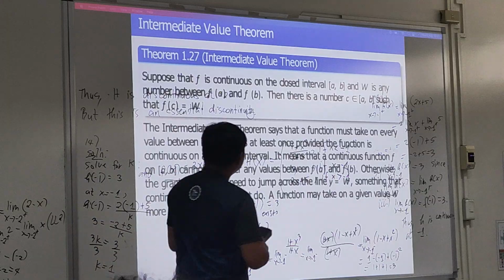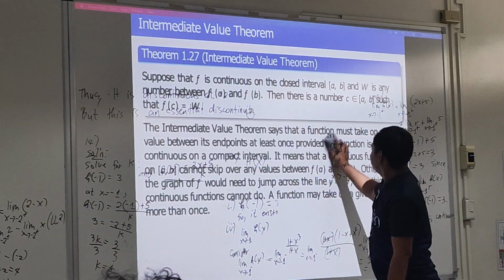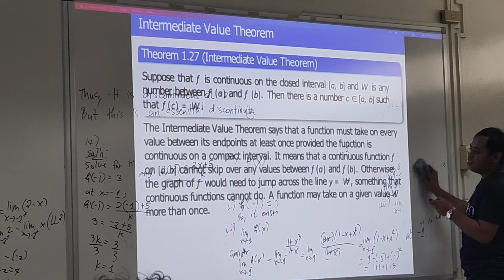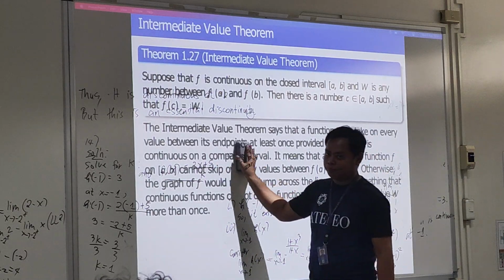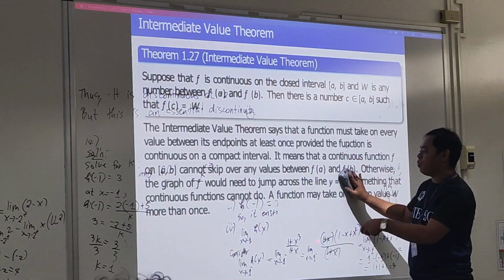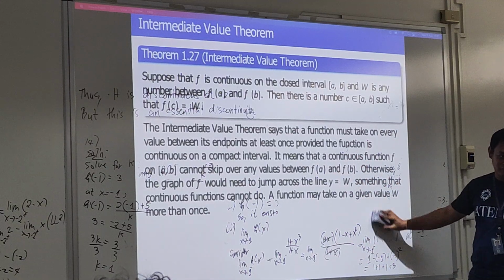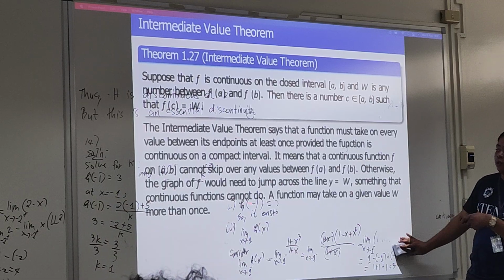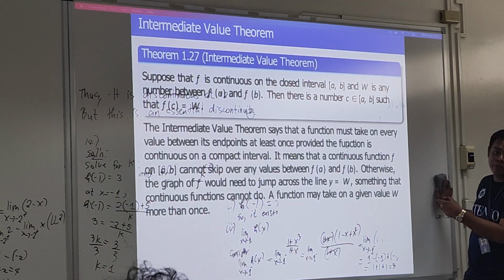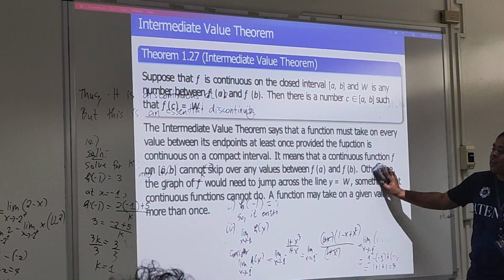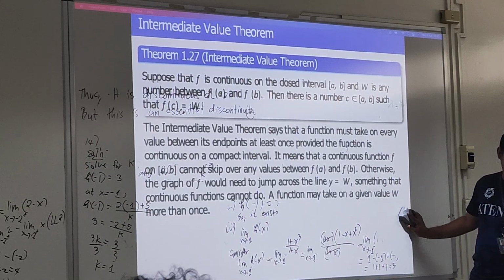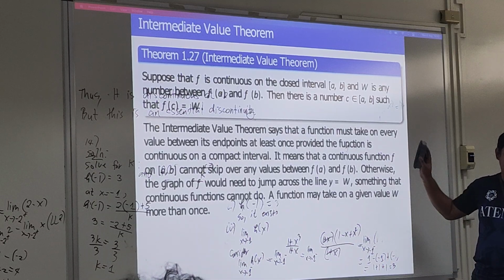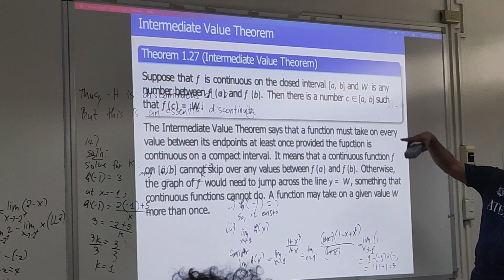So it means that a continuous function f on [A, B] cannot skip over any values between f of A and f of B. Otherwise, the graph of f would need to jump across the line y equals W, something that continuous functions cannot do, right? For continuity, there are no break points, it's straight.